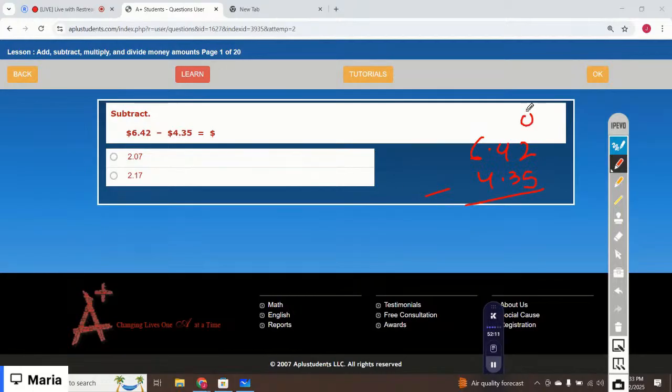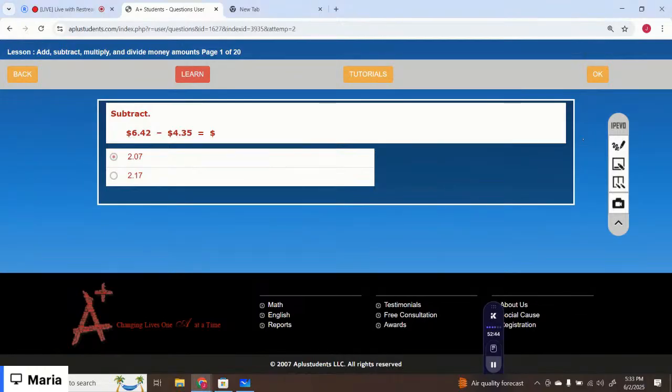You cannot subtract 5 from 2, so you need to borrow one that makes 12. 12 minus 5 is 7. 3 take away 3 is 0. And 6 take away 4 is 2. That is 2.07. Option number one is the correct option.